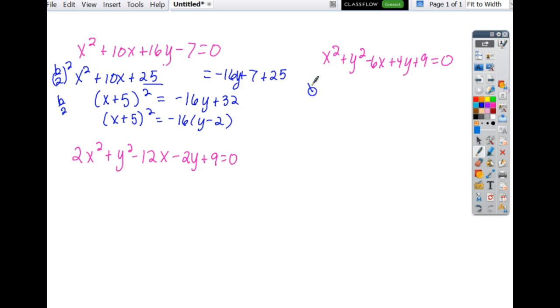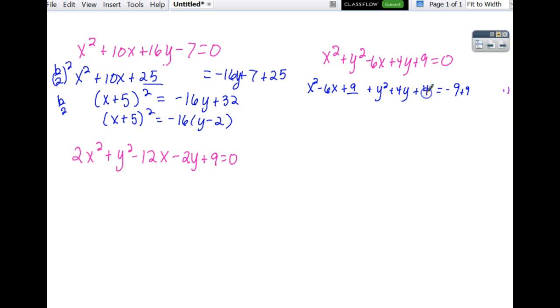So let's complete the square on the circle. This is standard form, and the first one is general form, and we're putting it in standard form. So I'm going to add 9 over here.